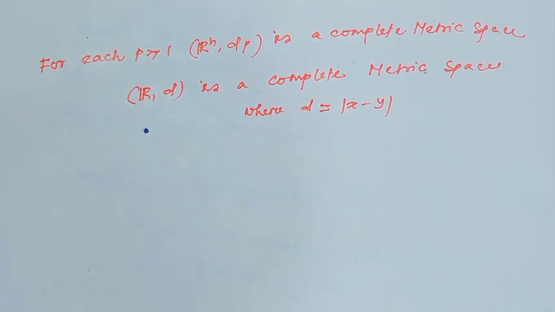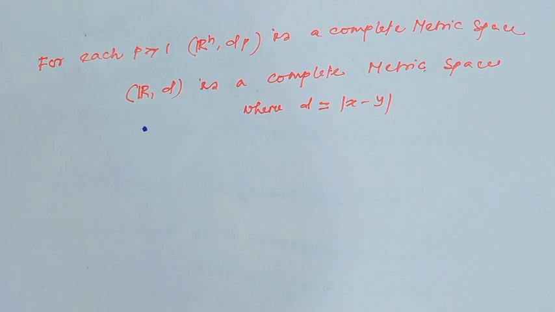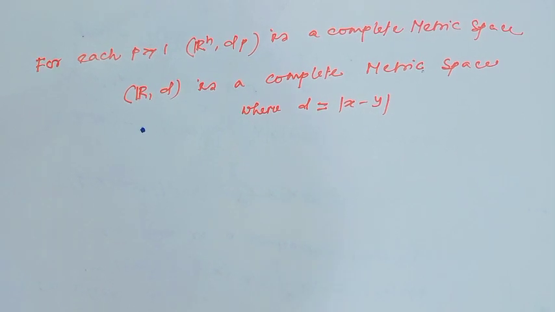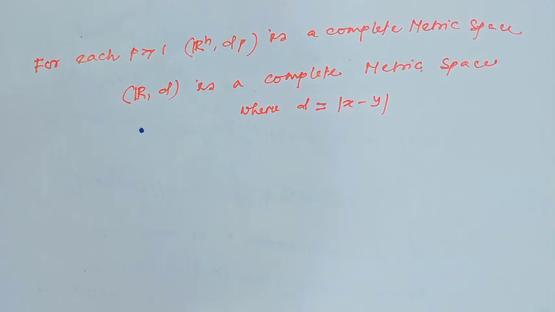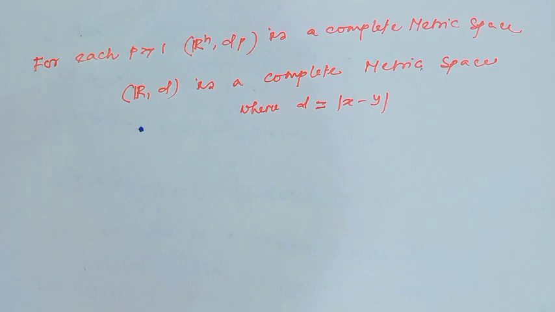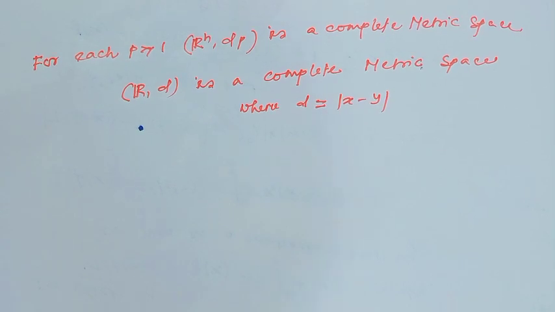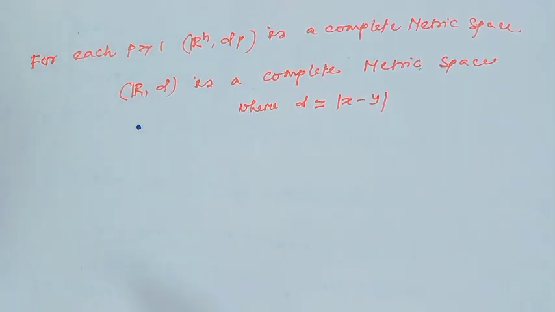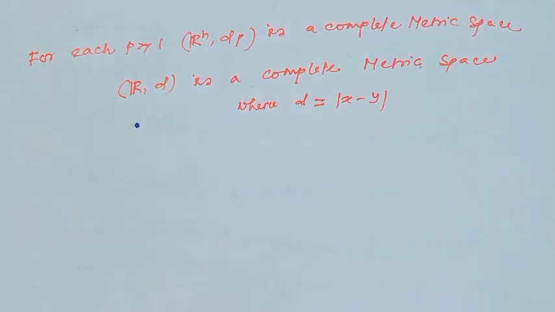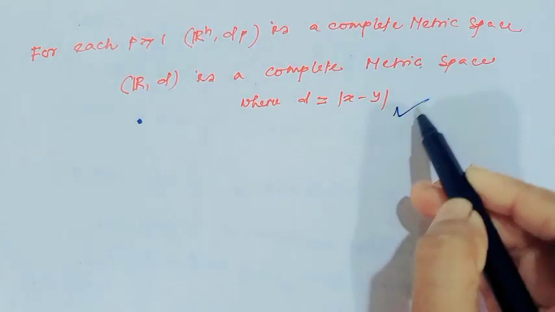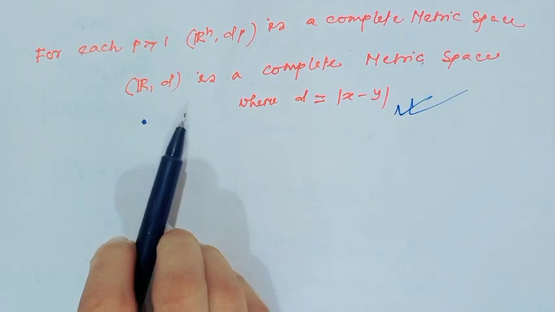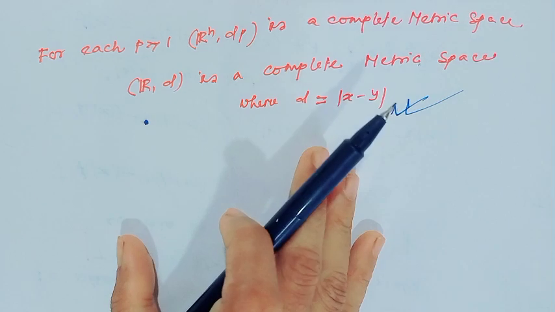Now let's see our original goal of this lecture. For each p greater than or equal to 1, R^n with dp is a complete metric space, where R with d equal to the usual metric is a complete metric space. With this metric, the real numbers are a complete metric space, as all of us know.